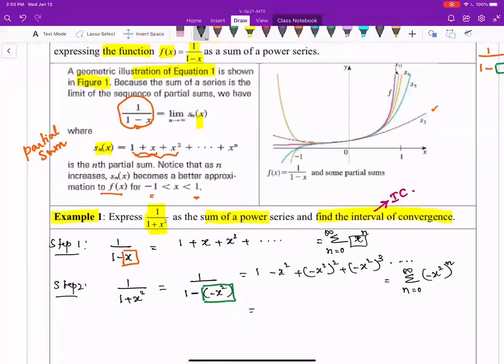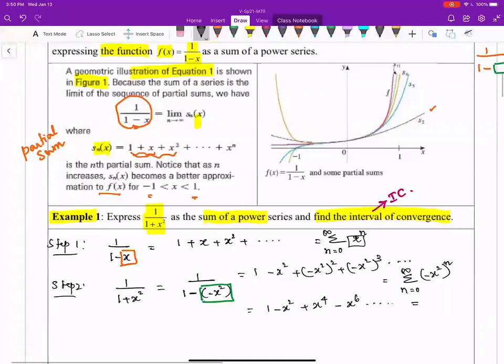So it can be written as 1 minus x squared plus x to the power 4 minus x to the power 6, etc. And this can be written as a sum, sigma n varying from 0 through infinity, negative 1 to the power n. Negative x squared is negative 1 times x squared. So it is negative 1 to the power n, x squared to the power n, that is x to the power 2n.